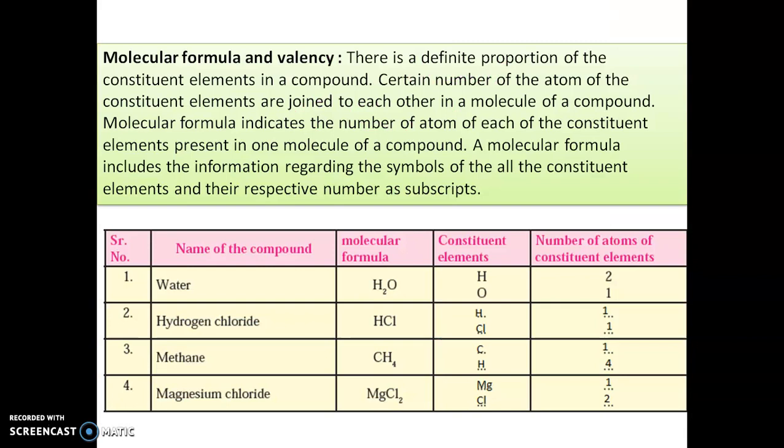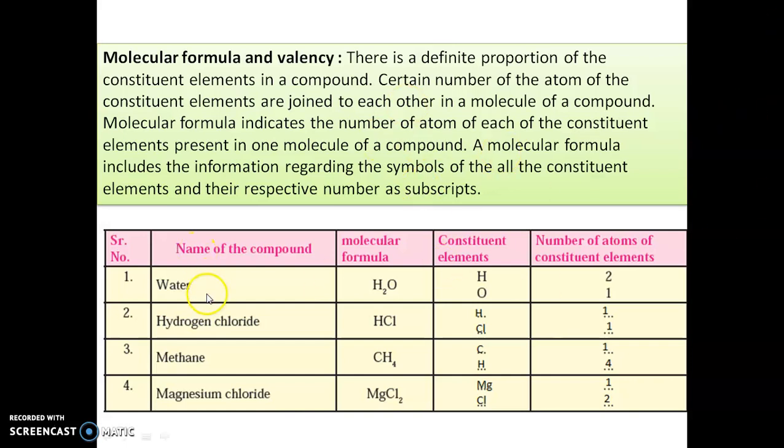Now, what is the relationship between molecular formula and valency? We all know that there is a definite proportion of constituent elements in a compound. A certain number of atoms of constituent elements are joined to each other in a molecule of a compound. Consider the example of water.